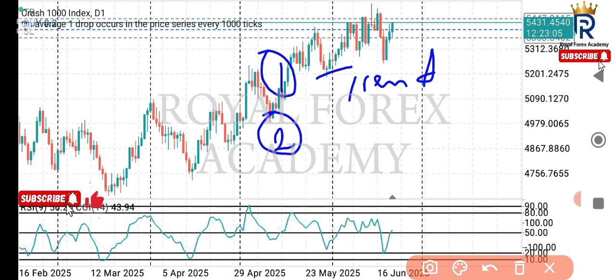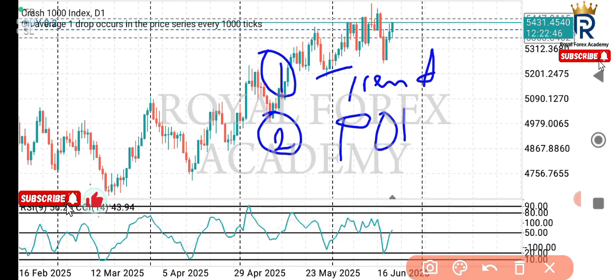From where do I begin to buy from? And from where do I begin to sell? And that is what brings about the POI, which is our point of interest. So it is at this point of interest that you'll be buying and selling.